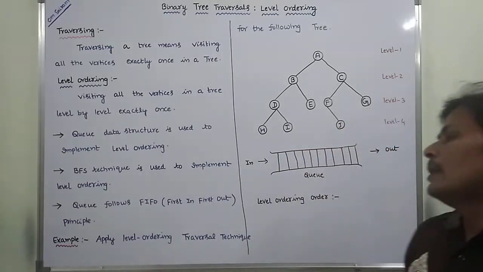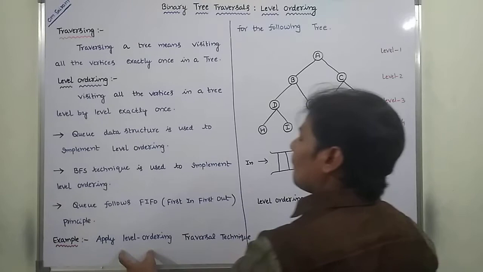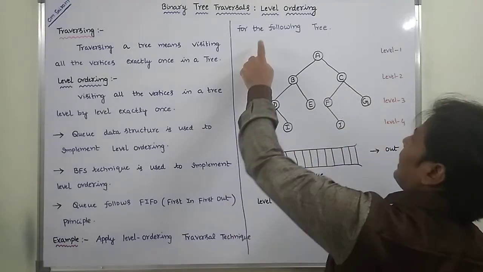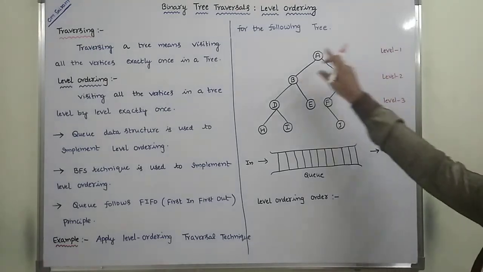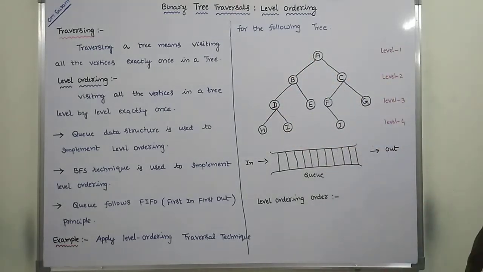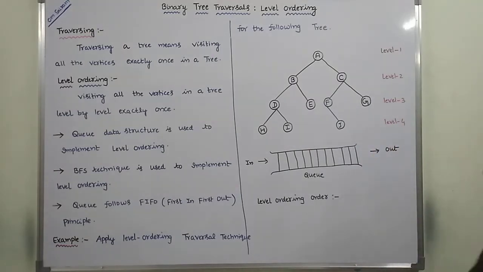Now let's go to this example: apply the level ordering traversal technique to the following graph. This graph contains 4 levels, and each level contains some number of nodes.